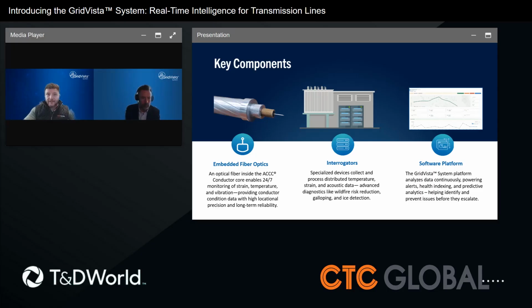The interrogators are the nervous system, specialized devices that collect and process distributed strain and acoustic data, supporting diagnostics like wildfire risk reduction, galloping, ice detection, and other critical use cases. This is how the grid hears: changes in vibration, acoustic signatures, and dynamic response that indicate stress, interaction, and emerging risk. Not a handful of point sensors, but spatial awareness along the entire circuit.